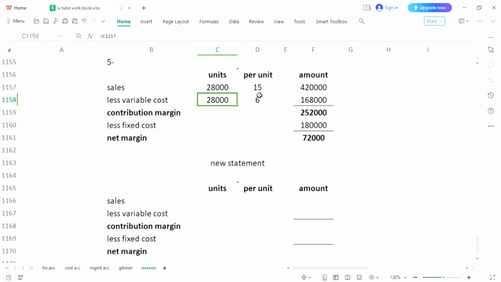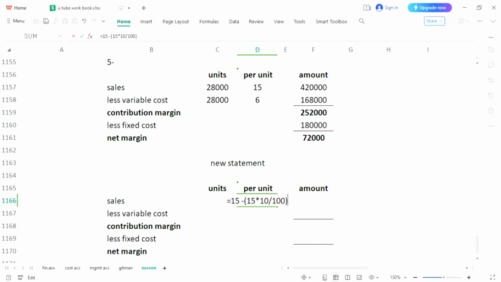15 was the original price. We want to reduce it, so what will you do? Subtract how much they are asking to decrease. 10% reduction, so we will take 10% of 15, which is 15 multiplied by 10 divided by 100.